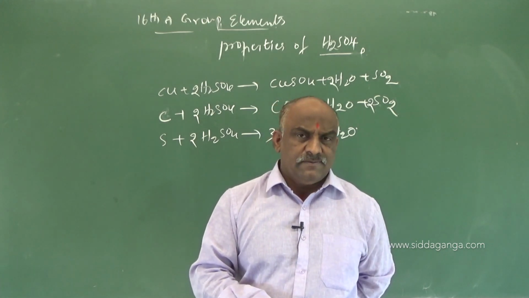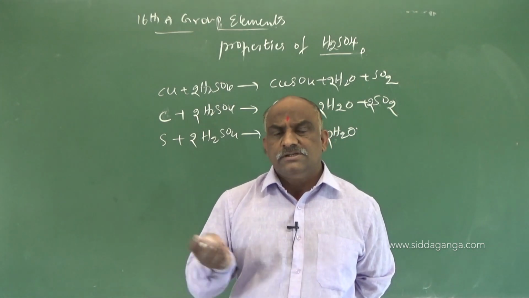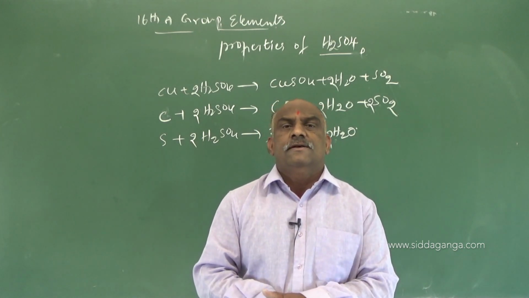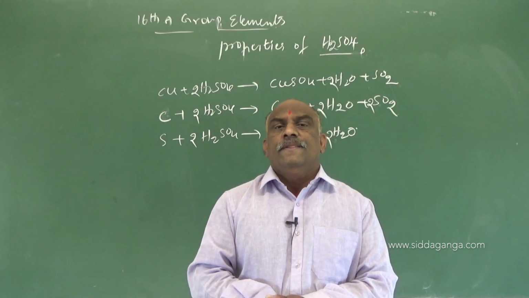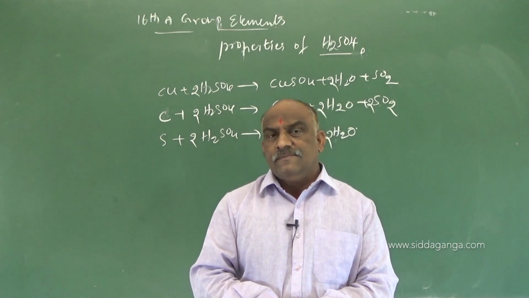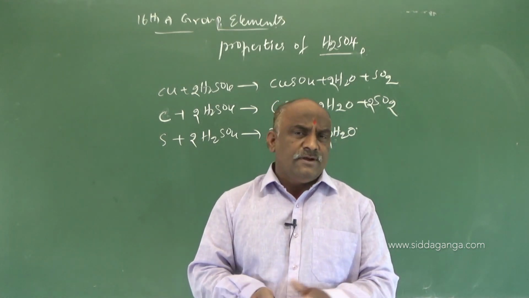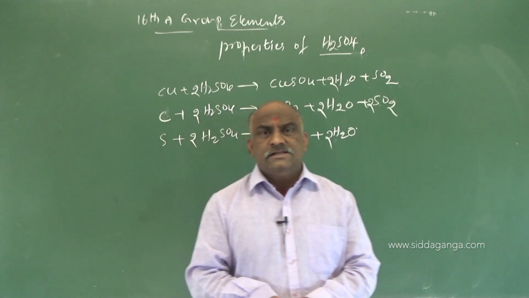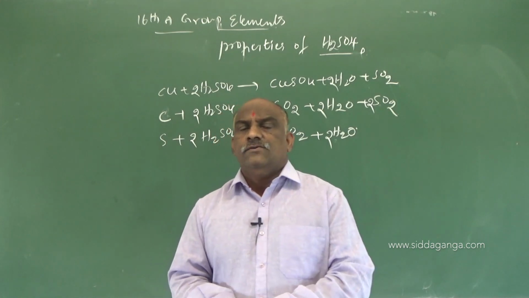Many wet gases are passed through this sulfuric acid and they become dry, so it is used as a dehydrating agent, as a lab reagent, and in manufacturing sulfate fertilizers. In the fertilizer stream also we can use this sulfuric acid.